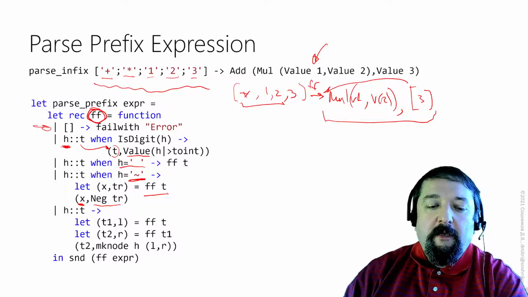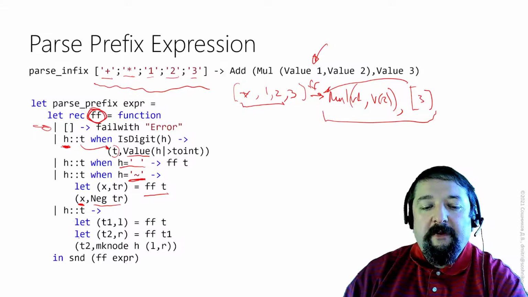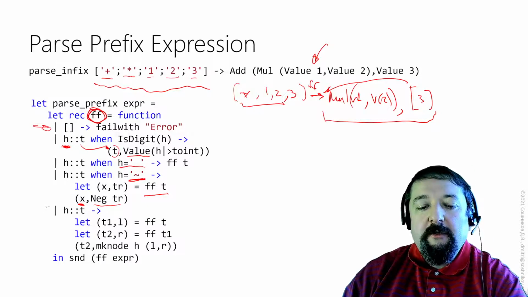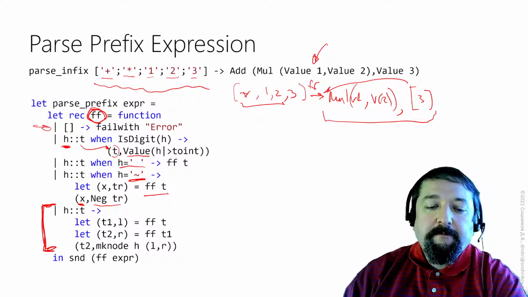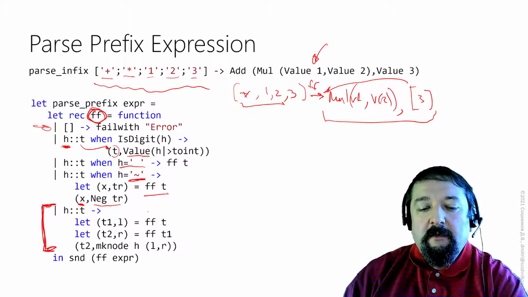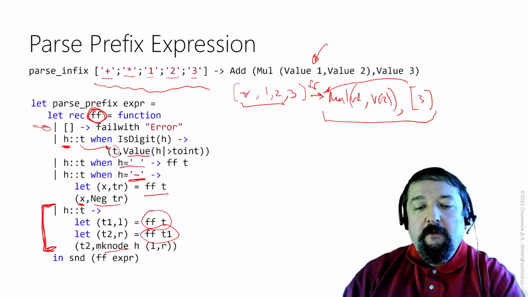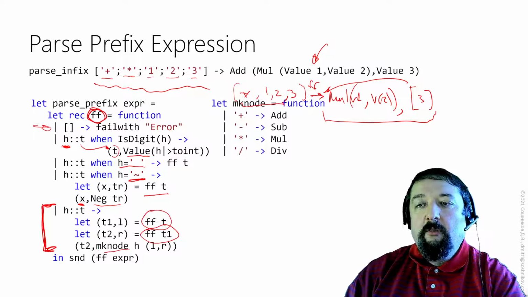Then, if we have an operation like plus or minus, and this is the only remaining case because we can only fall here if we have plus, minus, divide or multiply, in this case we call parsing once, call parsing twice, and we return the function mknode, and mknode will construct the name of the tree.